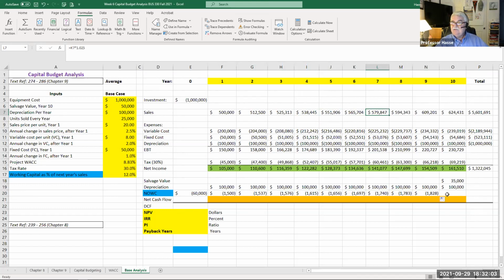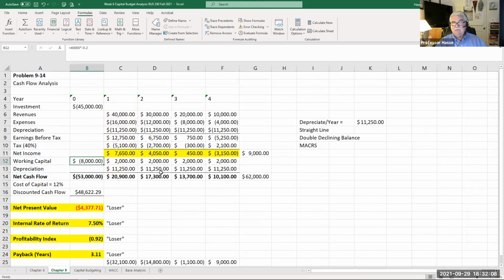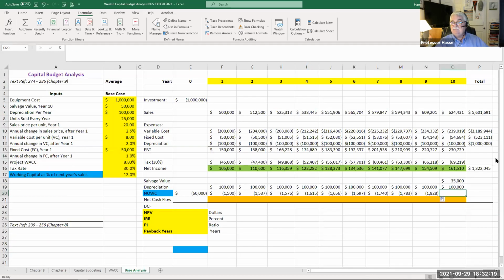But then in year 10, just like we did last week in the chapter 9 problem, as revenue decreases or ends, we add it all back in, and the net effect of working capital is 0. Well, the same thing here. There's no year 11. So in year 10, all we do is take 12% positive of the year 10 sales. Oops, put in the right formula, Mr. Hasse, excuse me.